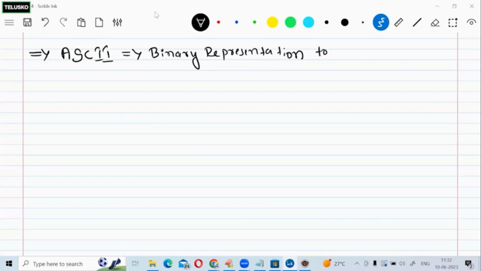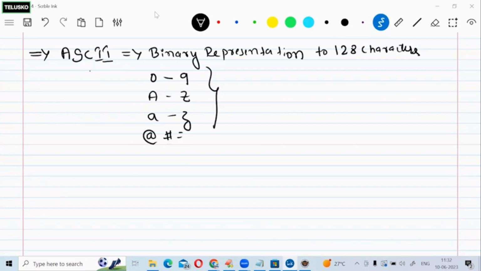to 128 characters. If your programming language is following ASCII, you can use these 128 characters, which include the numbers 0 to 9, capital A to capital Z, small a to small z, and all the special characters, totally 128 characters.